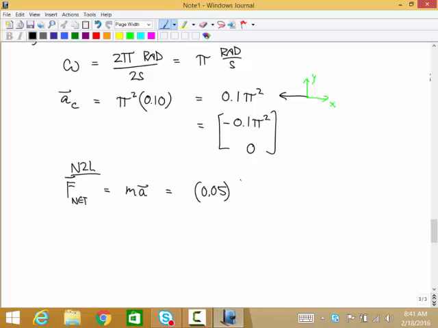The acceleration is this thing, negative 0.1 pi squared, 0. Multiply that through and you get negative 0.005 pi squared, 0.